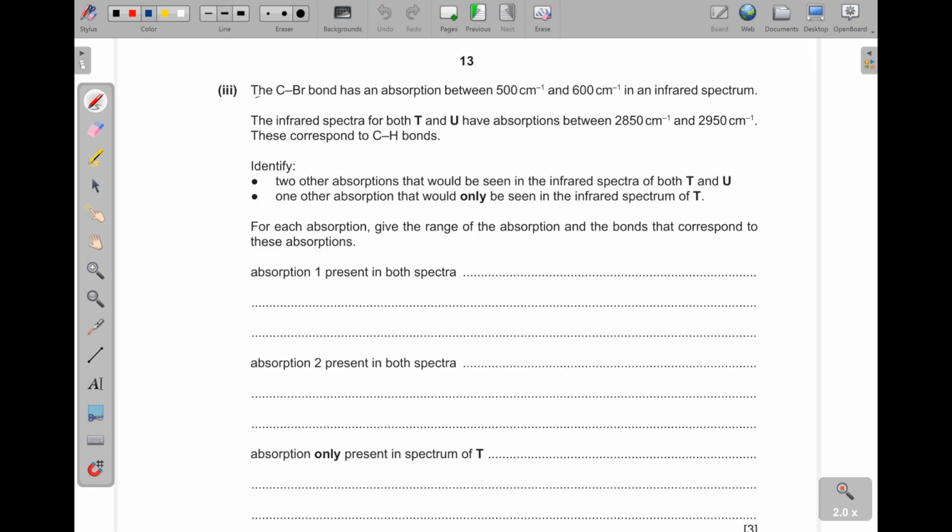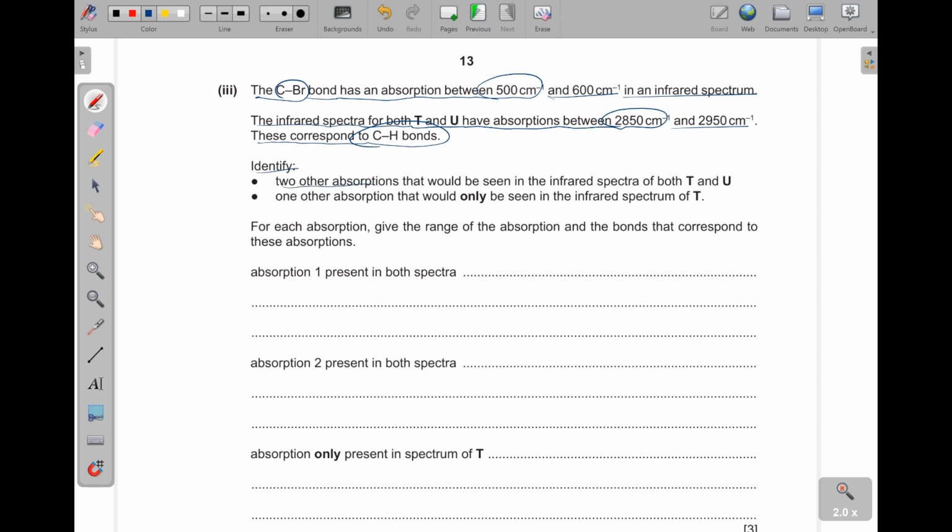Lastly, Roman 3, the carbon to bromine bond has an absorption between 500 per centimeter and 600 per centimeter in an infrared spectrum. The infrared spectra for both T and U have absorptions between 2,850 per centimeter and 2,950 per centimeter. These correspond to the alkyl groups, the C-H bonds.